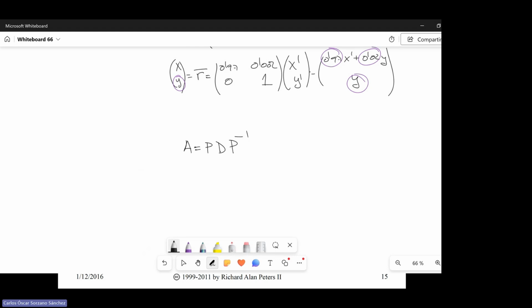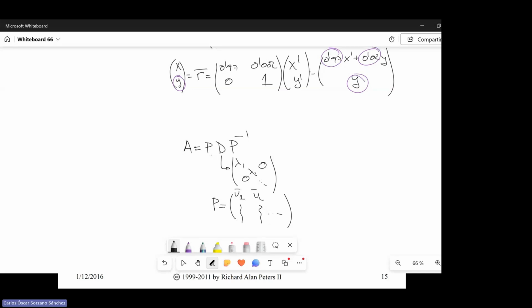This is a full matrix, this is a diagonal matrix, and this is the inverse of this one. The diagonal is made of values, and P is made of some vectors.